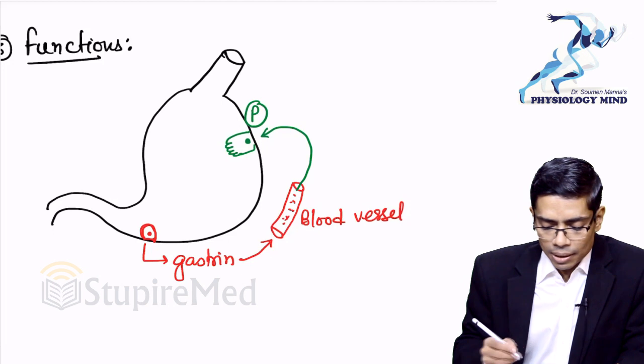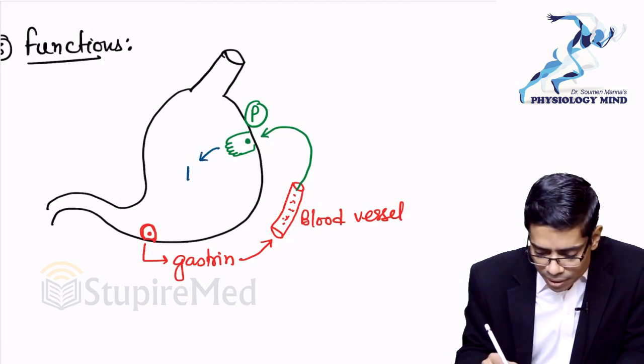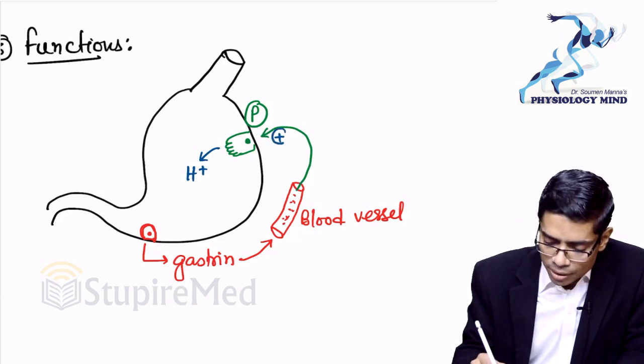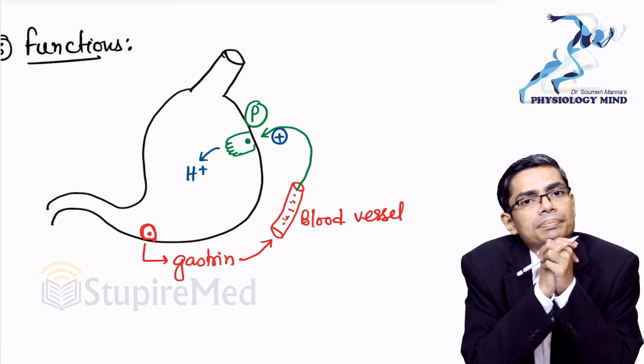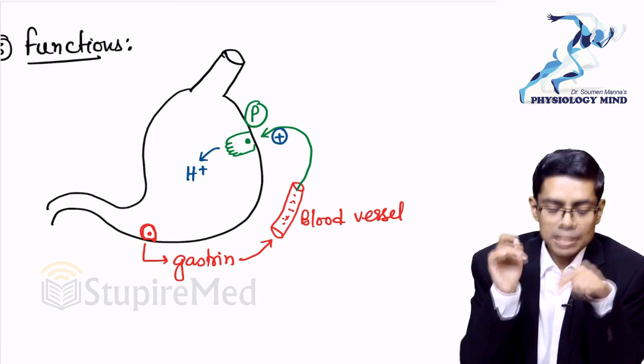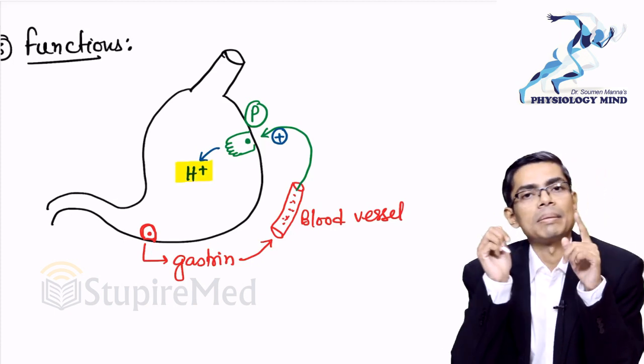We all know that the parietal cell produces H plus ion, and gastrin is one of the stimuli of this parietal cell. So what is the main function of gastrin? The main function is stimulation of acid secretion by the parietal cell.